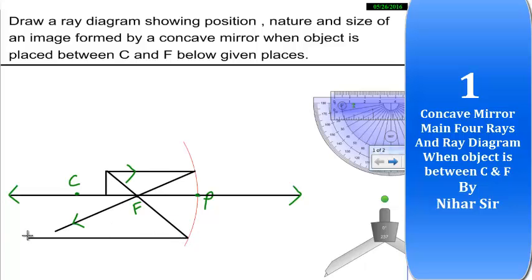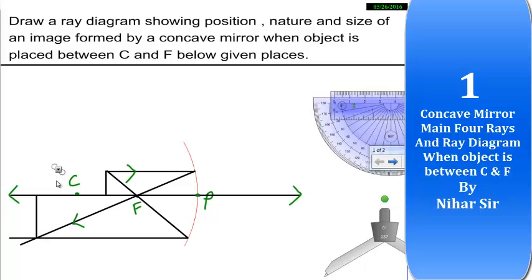This is not long enough, I will draw it longer. Okay, so this is how a ray diagram is drawn. Now this is where my image is formed. Let me make it visible over here. So my image is formed over here.